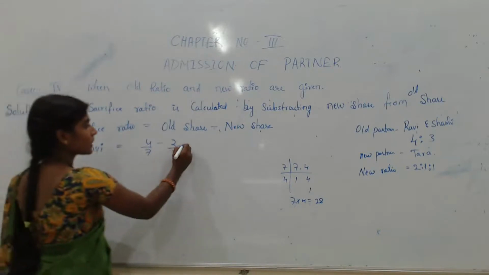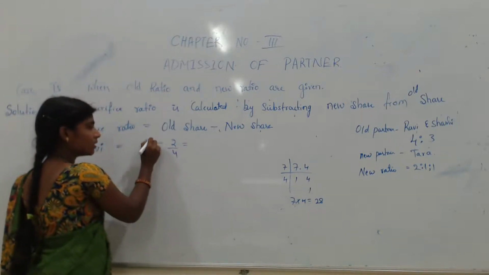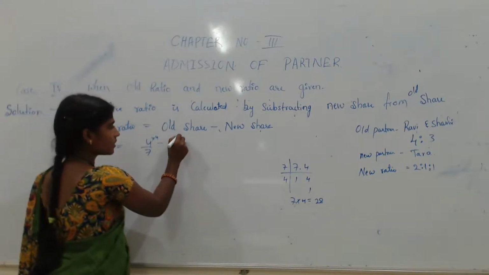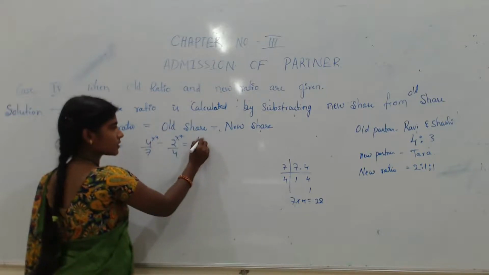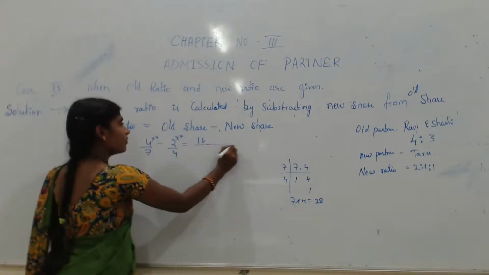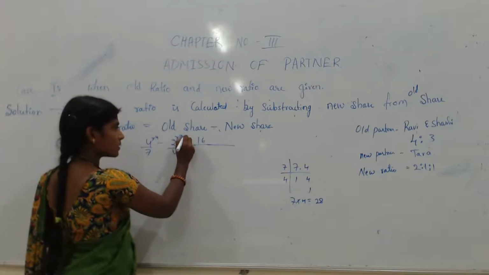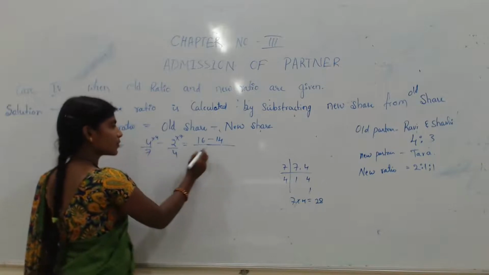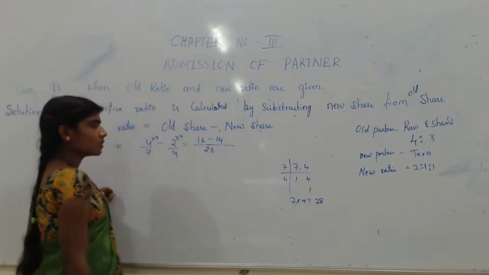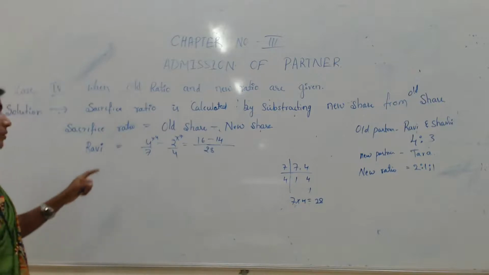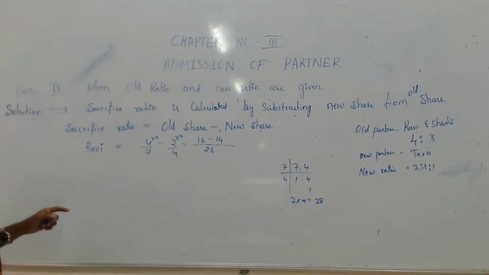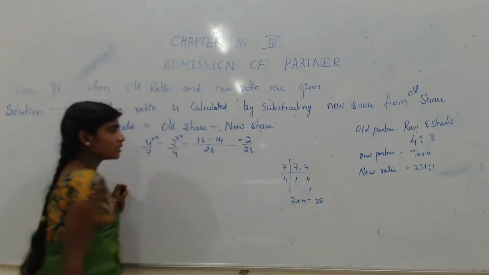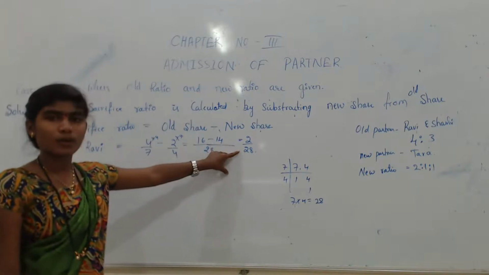Then 4 7s are 28, 4 4s are 16, then 2 7s are 14. Then you will get 16 minus 14.